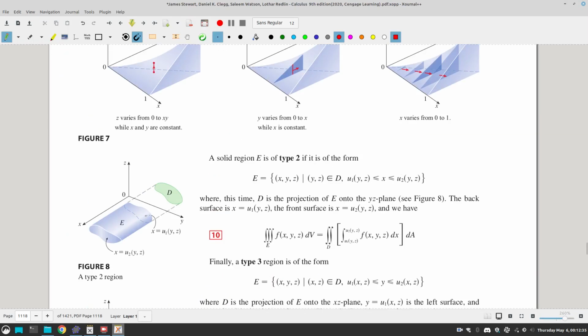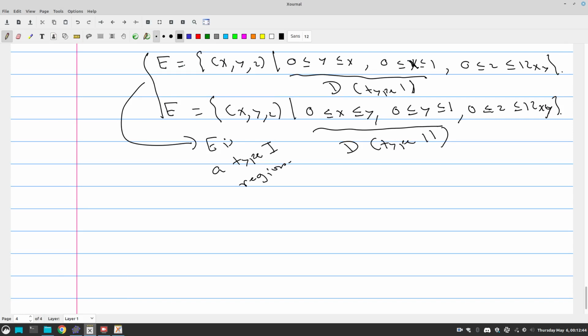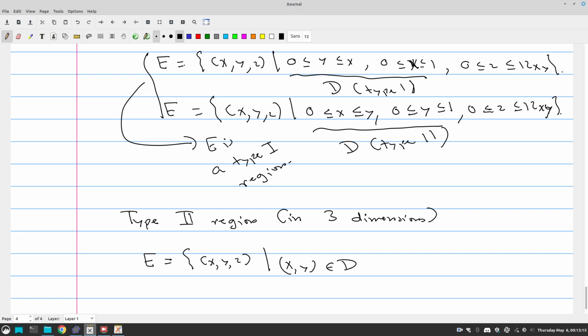A type 2 region in 3 dimensions is where x, y, z is such that y, z is in some domain D, and x is between two functions of y and z.